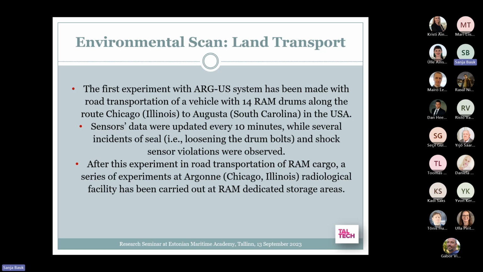There were just a few interruptions of transmission lasting several minutes, but I think with this new concept that is alleviated, and this system enables tracking and tracing of at least these containers with radioactive content in real time with no problem.